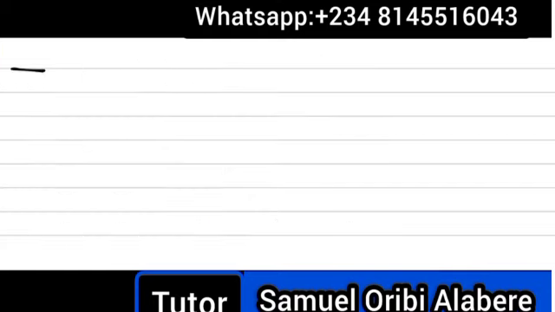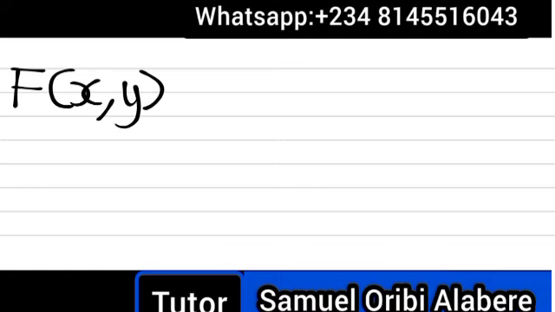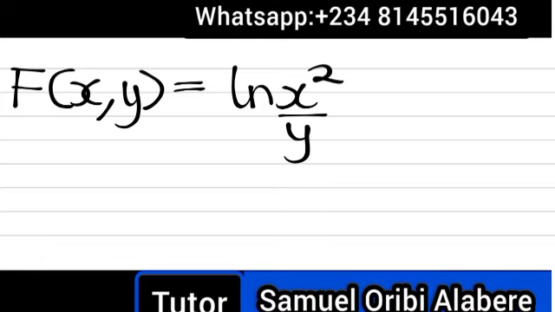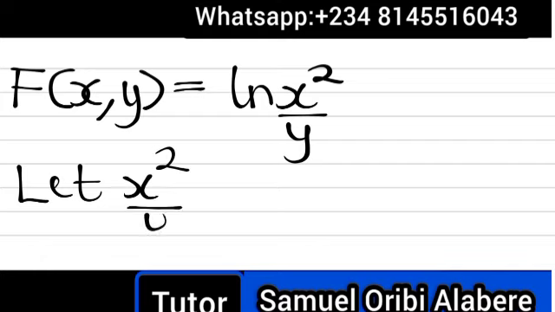So from the question, we have f of x and y, as stated earlier in the first part of the question, to be equals to ln x raised to the power of 2 all over y. But now we are going to let x raised to the power of 2 all over y be equals to u.